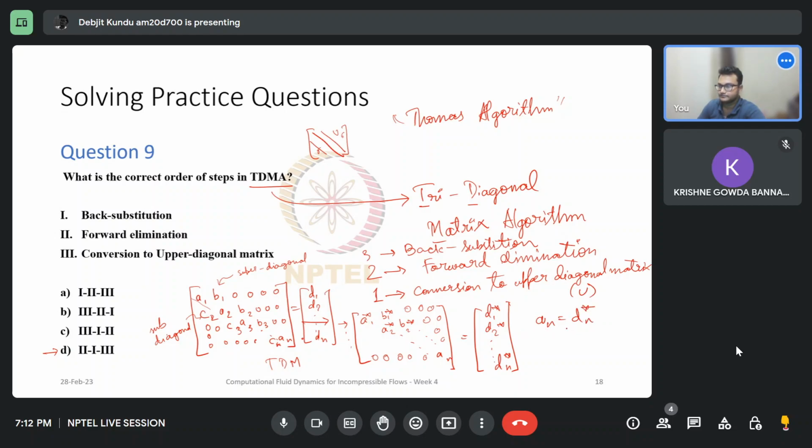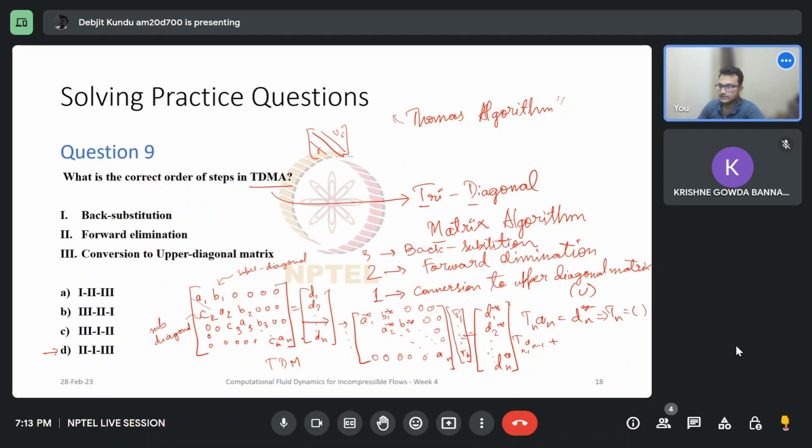And then in the next equation, it would be something like an minus 1, let's say we are solving for some t over here, so t1 to tn. So tn an equal to dn. From here we can get tn easily. Both are known values, so dn by an would give us tn.